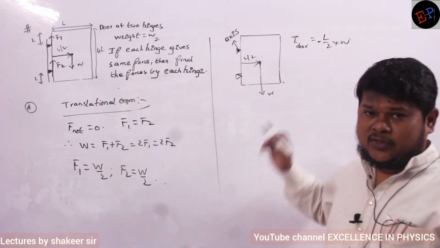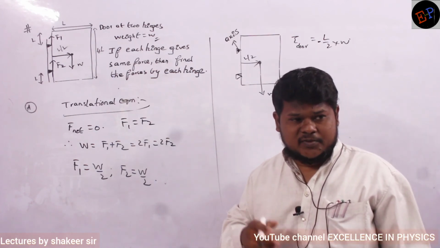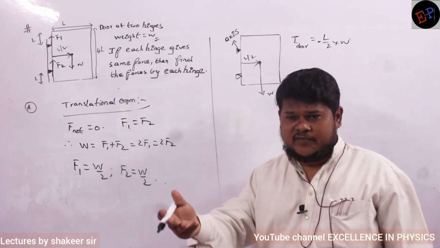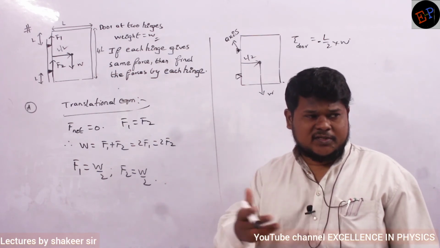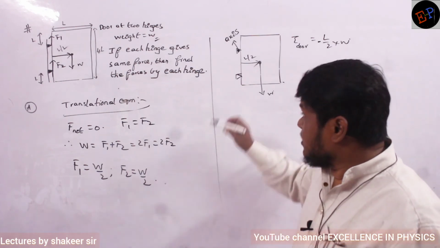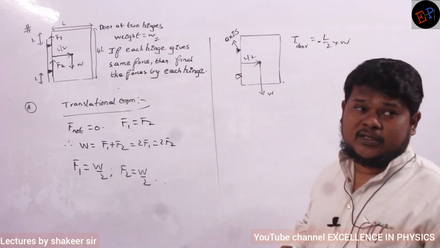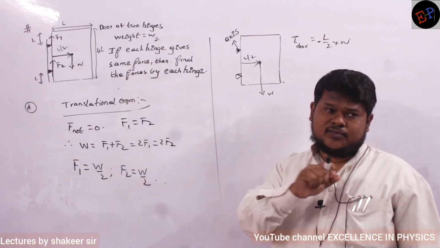But is the door rotating? No. It means somebody is giving another opposite torque, some force is giving positive torque, so that the total torque becomes 0. The second hinge will give the positive torque.